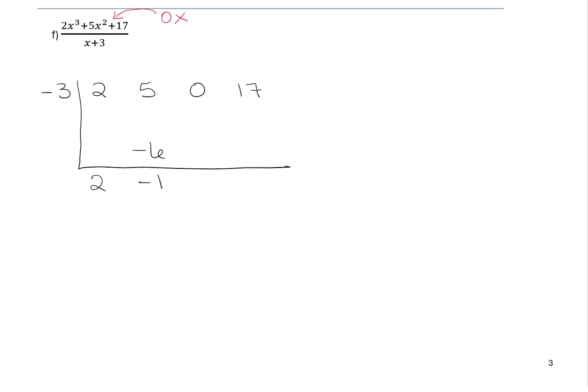Multiply it again by that -3, we get a positive 3. 0 plus 3 is 3. -3 times 3 gives us a -9. And then 17 plus a -9 will give us a positive 8. This is our remainder. So again, we brought down the 2.